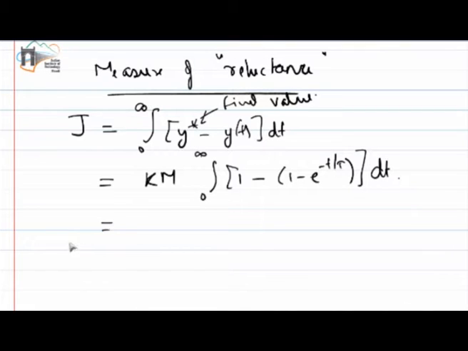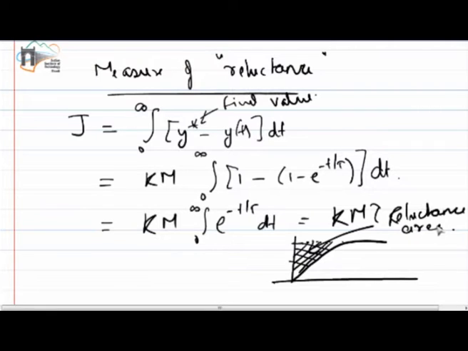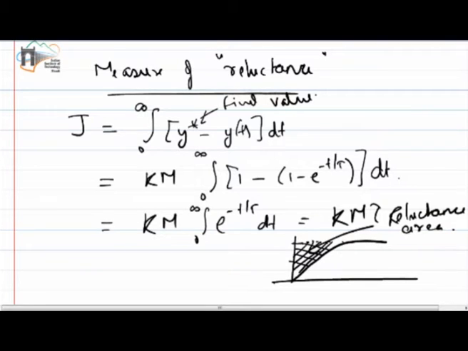Okay, so in solving this, I would get, so this is the reluctance area, what we call the reluctance area. Okay.